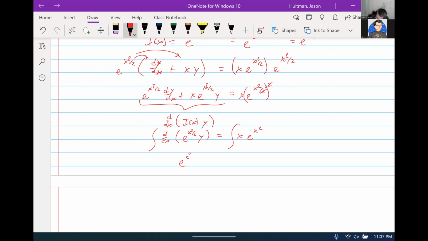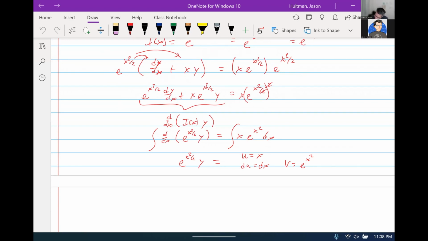So I get e to the x squared over 2 y is equal to, and then again, another integration by parts, u is equal to x, du is equal to dx, e to the x squared, v is equal to e to the x squared, the derivative of... oh, I don't even need to do integration by parts here, do I?